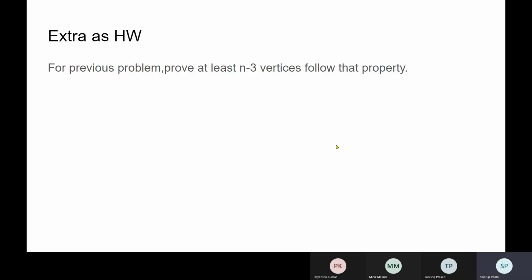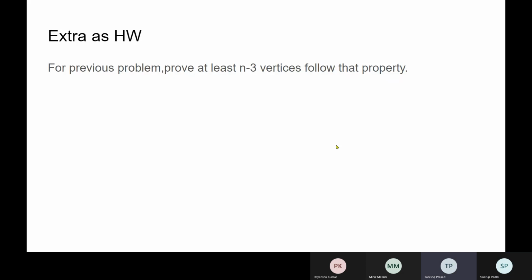Maybe I can get a tighter upper bound. Maybe I can write that at least n minus 2 vertices follow that property. It's ambiguous here, but I think you can get a generalized proof so that it comes as a tight bound. I was just saying that for the at least version, n minus 3 is possible.